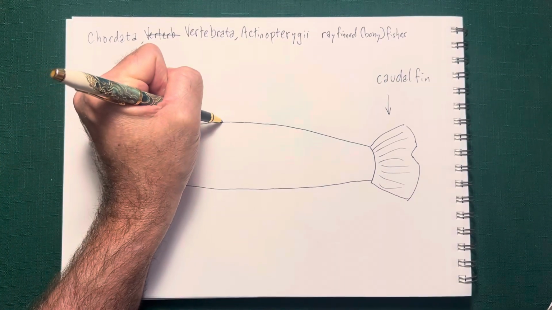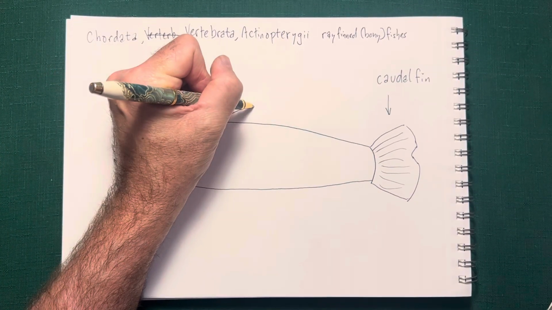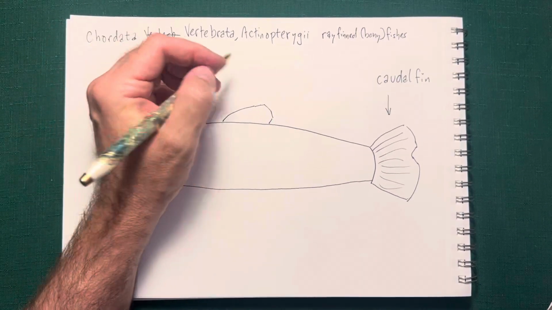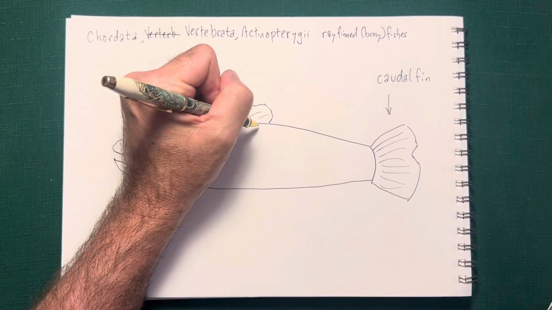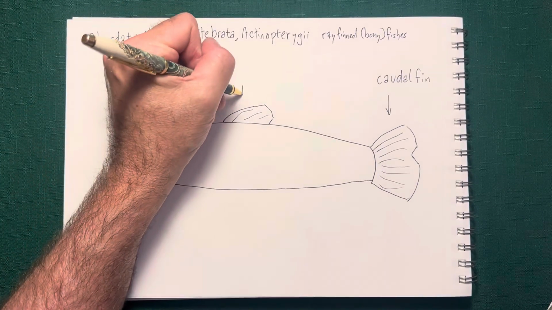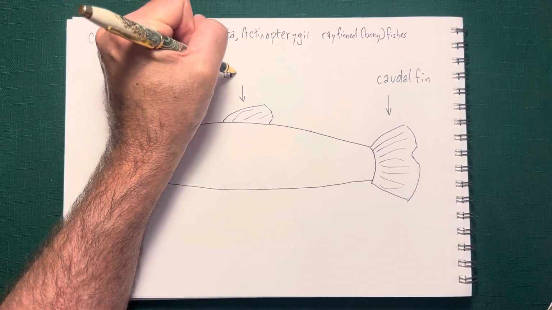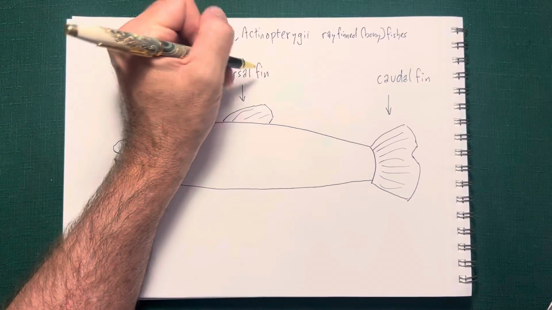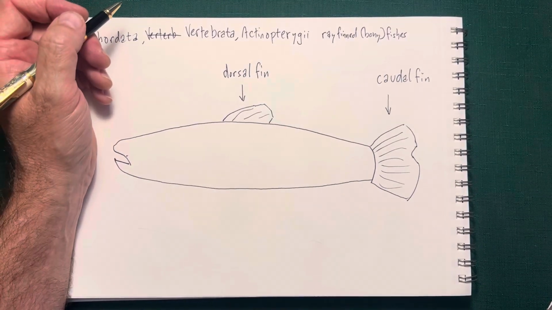Okay, so another thing that fish are very well known for having is on their back or their dorsum, they have a dorsal fin.